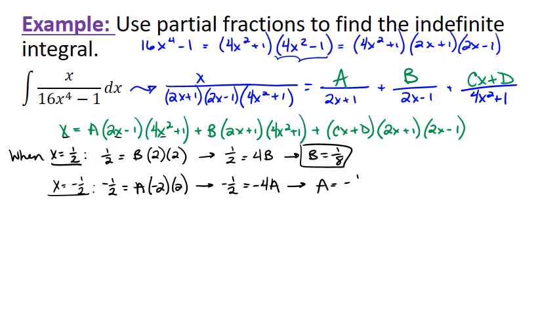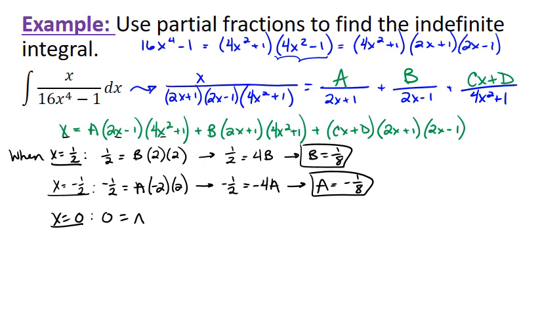So a is equal to -1/8. Okay, so now we know a and b. Let's truck along and let's let x equal 0. That's always a nice choice. So when x equals 0, I will plug 0 in everywhere.